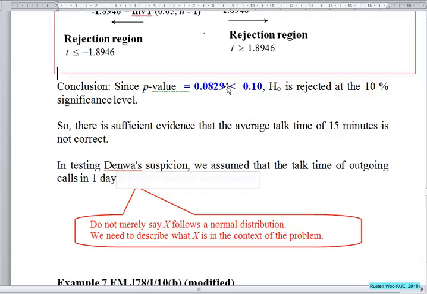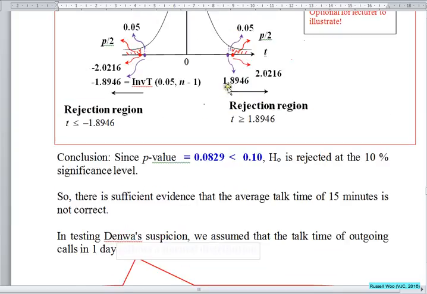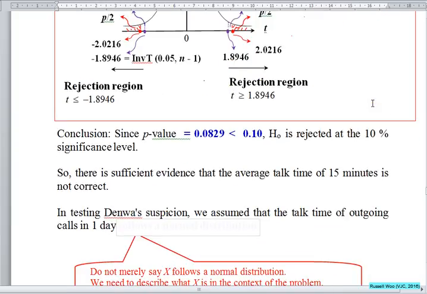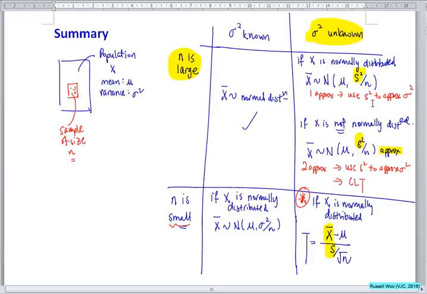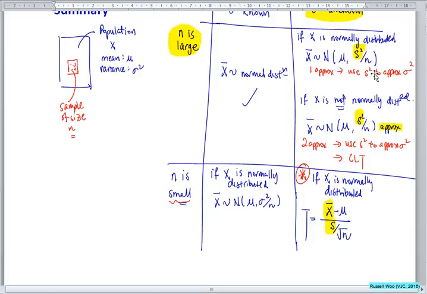Now, can I bring your attention to the question? The question asks you to state any assumption made in testing. Were there any assumptions made? Let me bring you back here. It was this case that we use, correct?